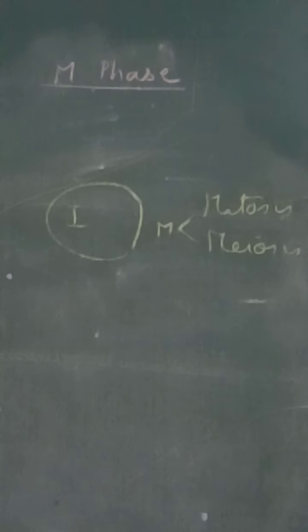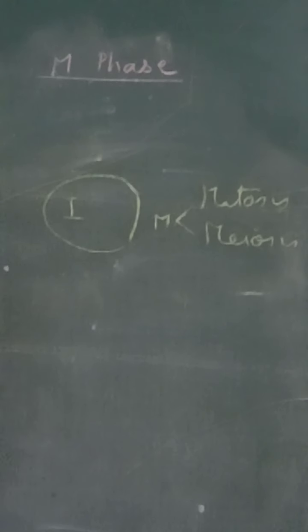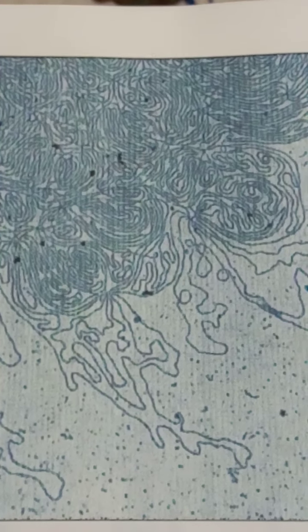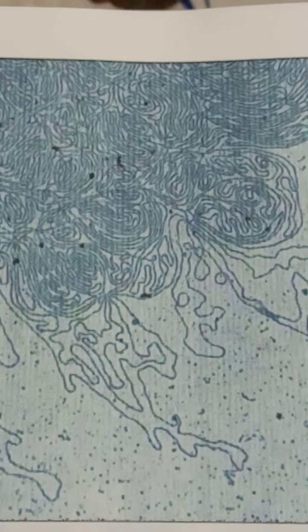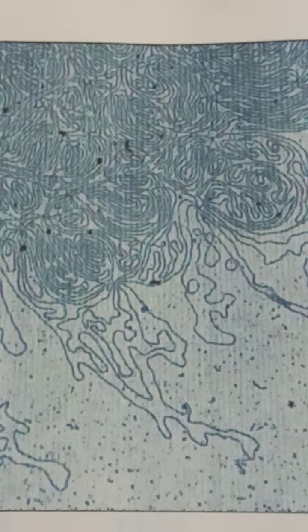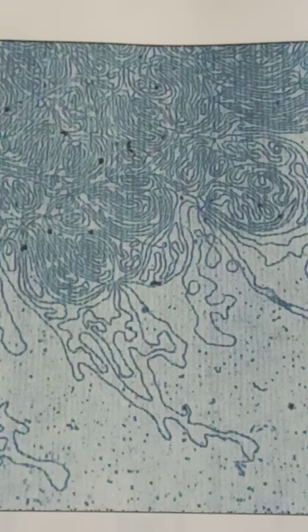This M phase is the most controversial and the most studied phase. Now, the picture that you are seeing is just 3% of a single molecule of DNA of one of the chromosomes of a human diploid cell, and you can imagine how difficult it is to replicate this enormous amount of DNA.